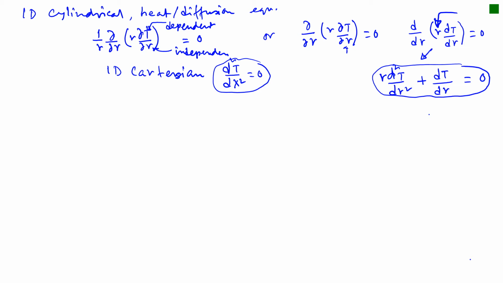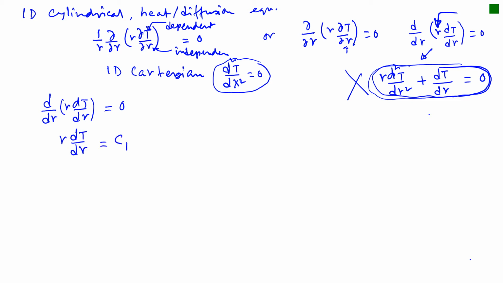So the trick to solve this is not to do this expansion of the term. Instead, I will start from d/dr of r dT/dr is equal to 0. That gives me r dT/dr is equal to some constant, and so dT/dr is equal to C1 over r plus C2.